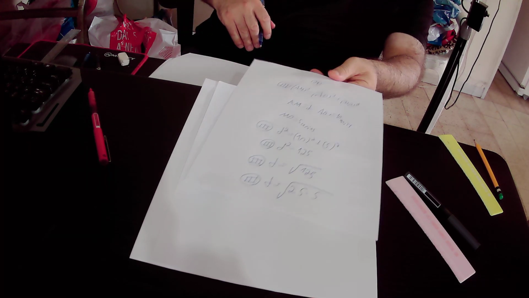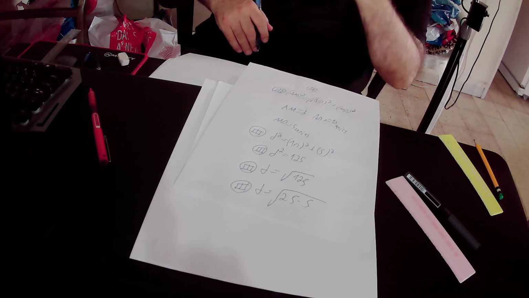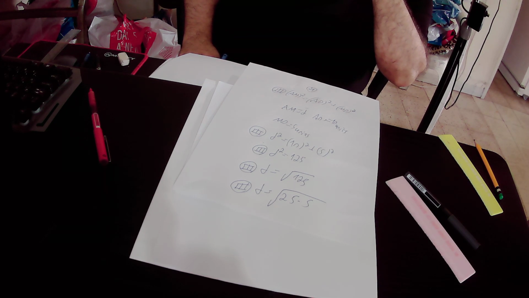Okay, instead of root 125, I wrote 25 times 5, because 25 times 5 equals 125.